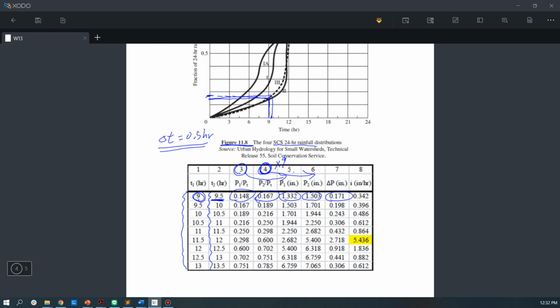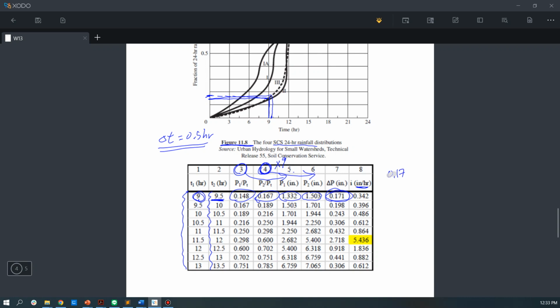Then to convert this back to the intensity, we note that this amount of rainfall is happening in half hour.